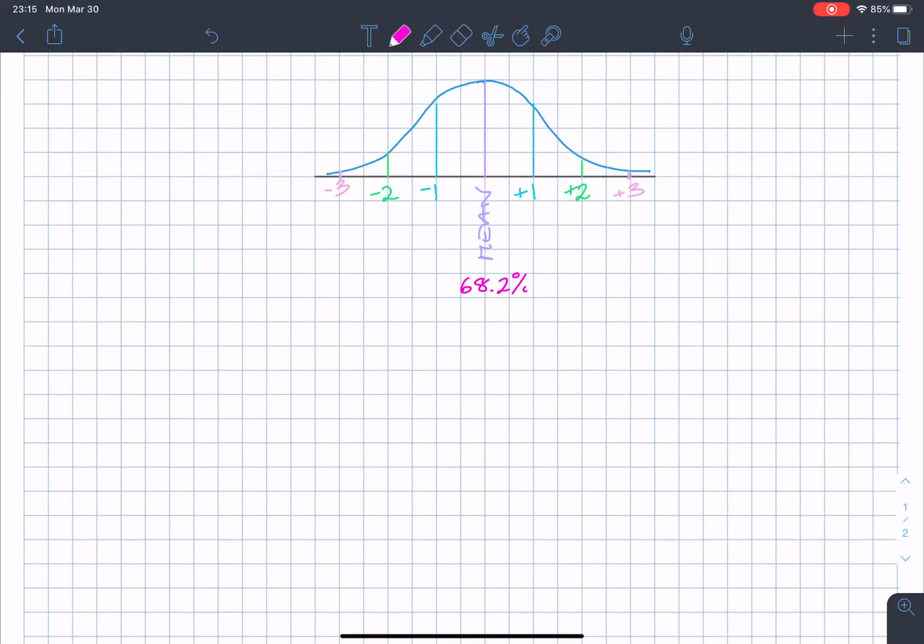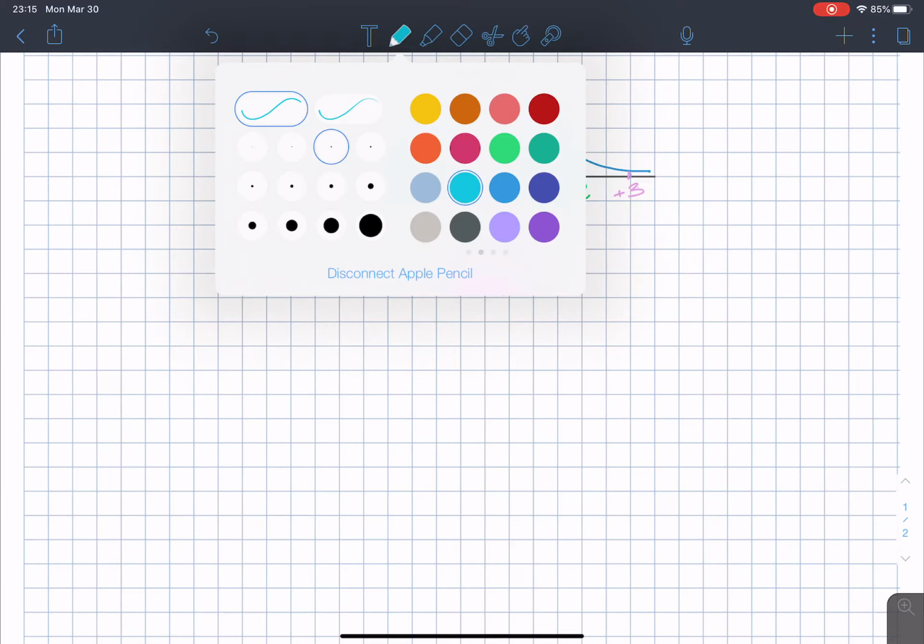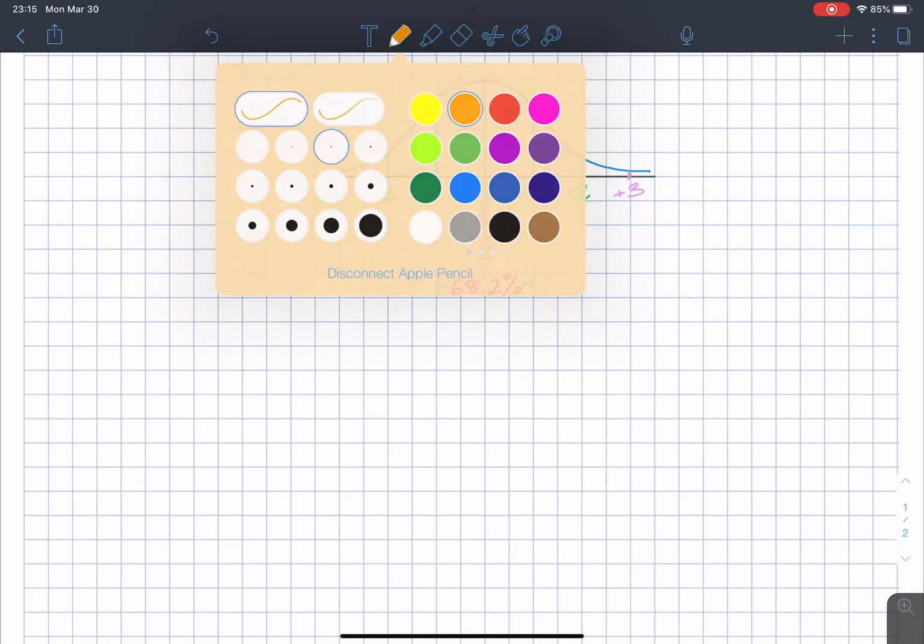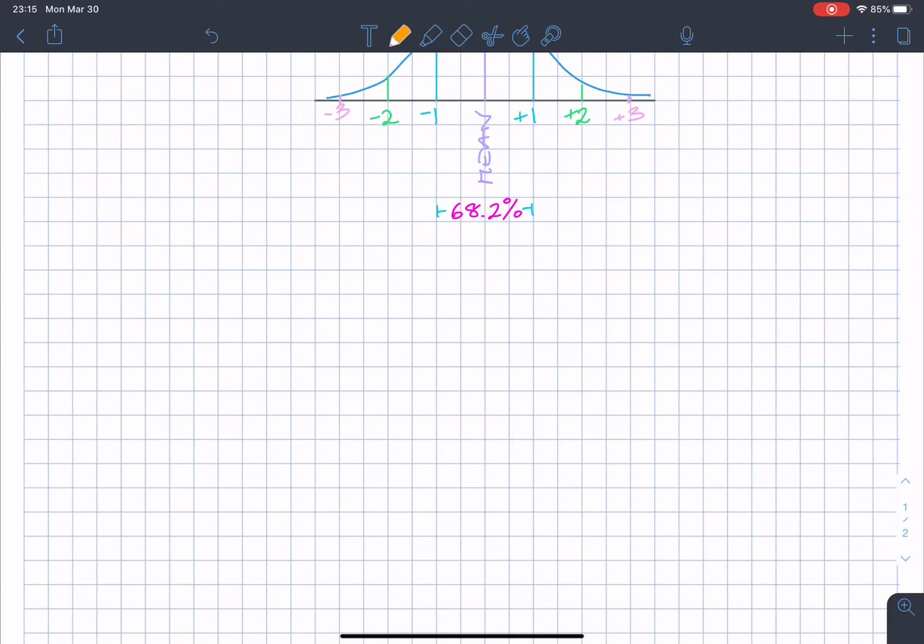Okay, so between ±1 standard deviation, we have 68.2% of the data. So 68.2% of the data is within 1 standard deviation of the mean. However, if we go out to 2 standard deviations from the mean, that's 95.4% of the data.